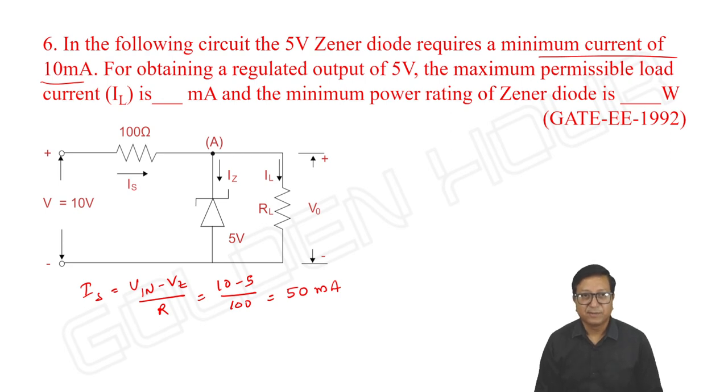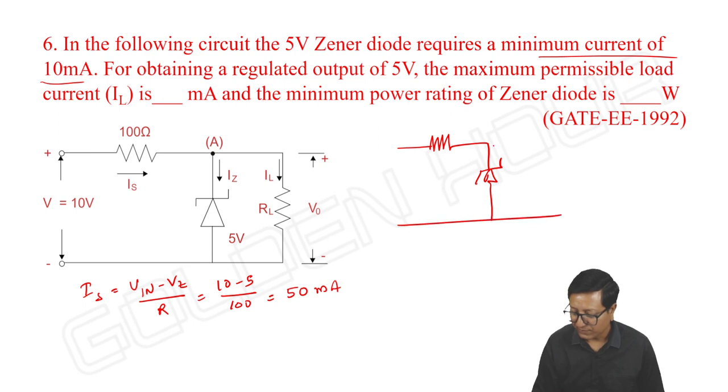Then minimum Zener current IZ minimum is given. So the maximum permissible load current IL is maximum. I am rewriting it without calculations also we can write. When RL is minimum, then IL is maximum, and at that time IZ is minimum.